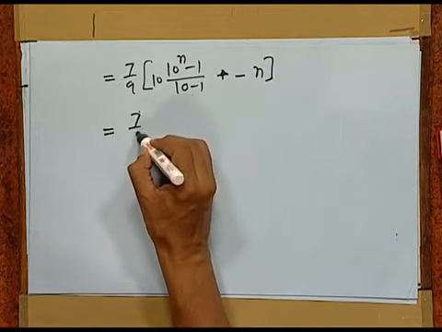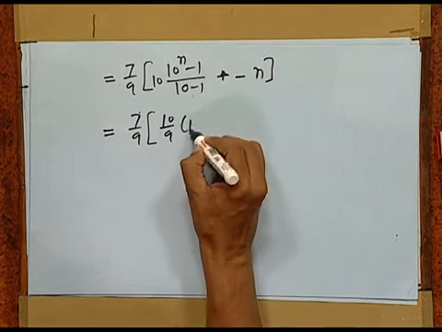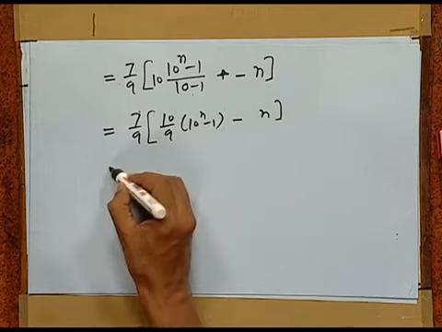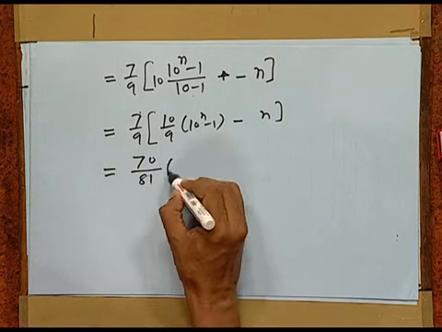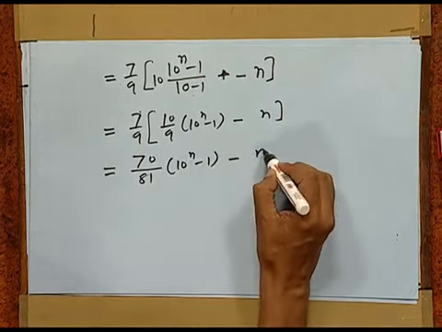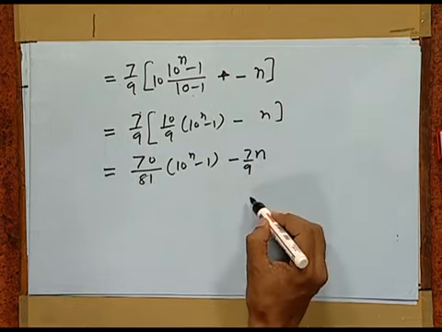This is 7 by 9, 10 upon 9, 10 power n minus 1 minus n. Finally, we get 70 upon 81, 10 raised to power n minus 1 minus 7 by 9 as our result.